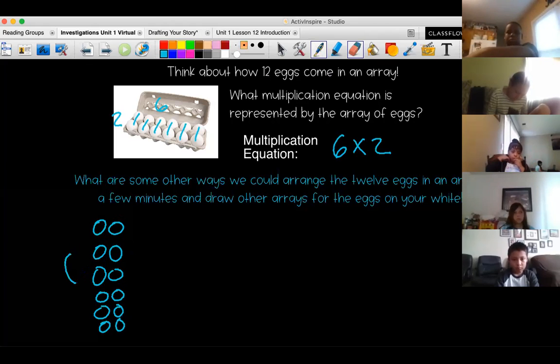So we have 6 rows and 2 columns, instead of the opposite, which is what we have above, what Michael was talking about.